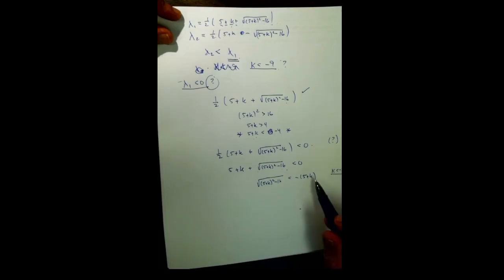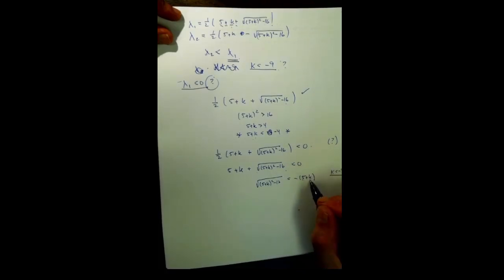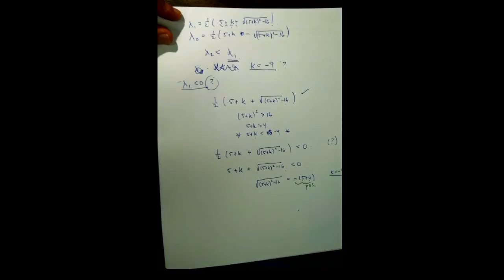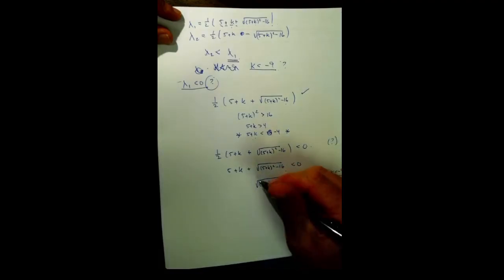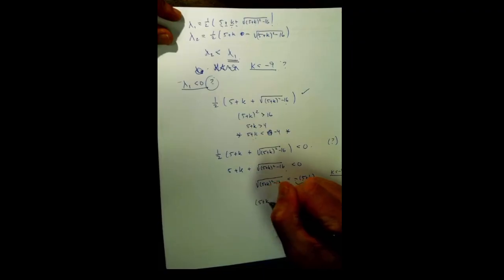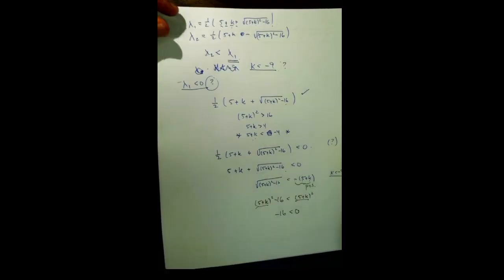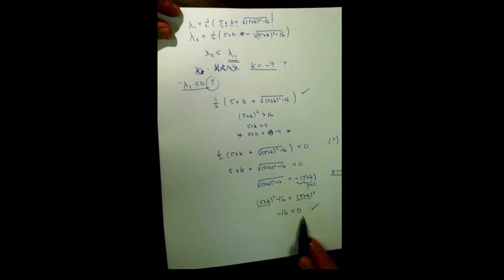If k is less than minus 9, 5 plus k is negative, minus that is positive. So this whole thing is positive. So if I square both sides, I don't have to worry about anything flipping here. The square root goes away, and I'm going to get 5 plus k squared, and the minus 1 squared goes away. But notice I can subtract that from both sides, and I get minus 16 is less than 0. I believe that. I think that's true.